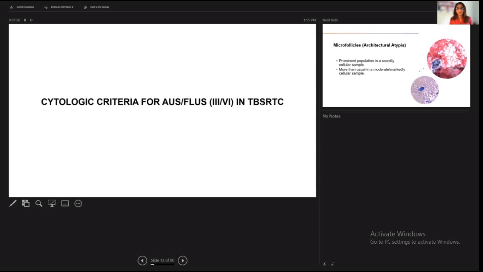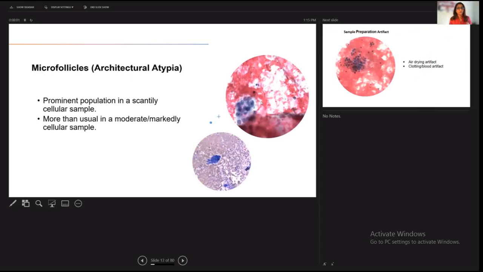Cytologic criteria for AUS or FLUS includes one of the most prominent criteria is microfollicles, which is what we refer to in the Bethesda as architectural atypia. According to the Bethesda criteria, these microfollicles should be the prominent population in a scantily cellular sample.